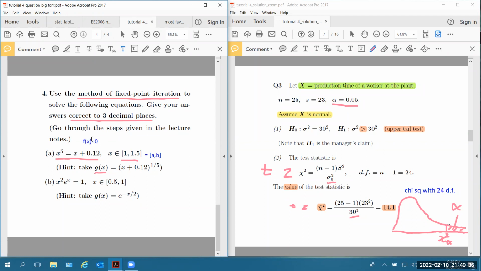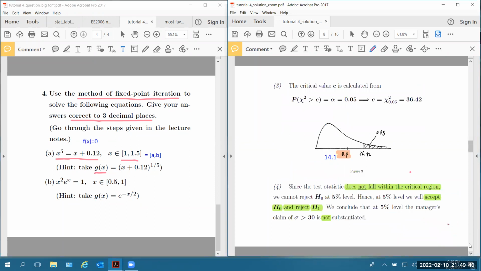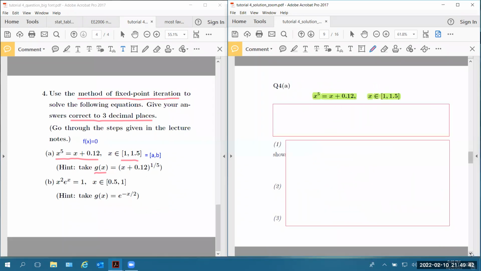So the first step that we are going to do is to make it into that form. This is the equation given, and it's not in that form, so we need to rewrite it.